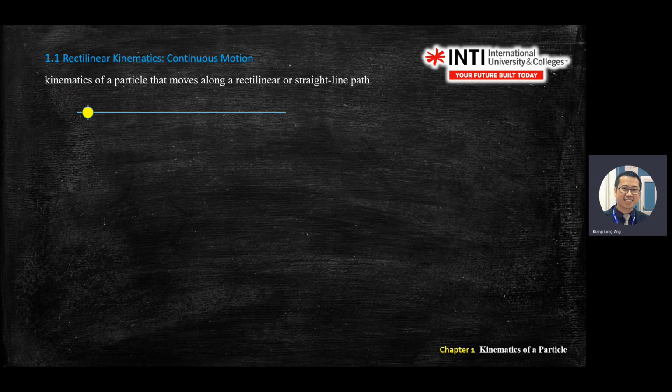First, you need to know the location. So you draw a straight line, draw the particle, and label the starting point. I will use O as the initial location. So this particle moves in a straight line, it falls under rectilinear motion.